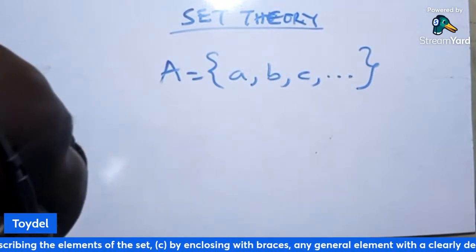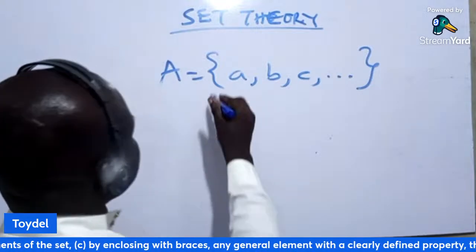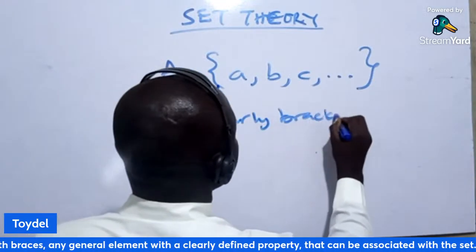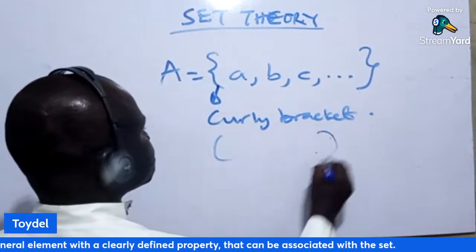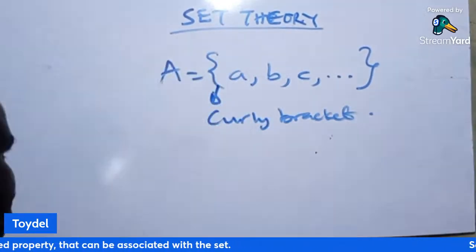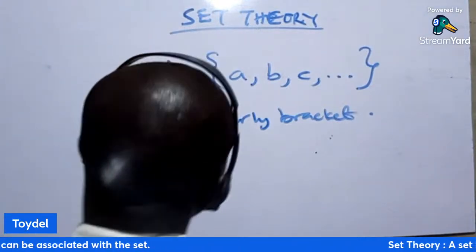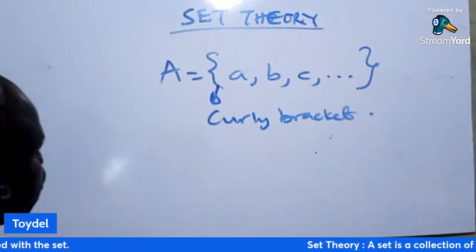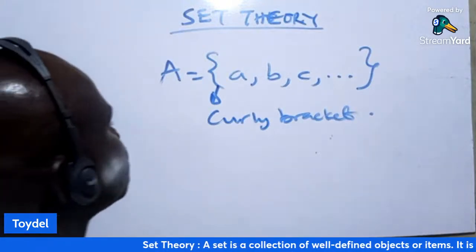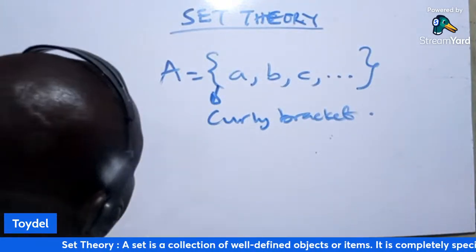Not only that, we use curly brackets to represent a set. It's different from ordinary brackets. So all this must be clearly stated if you want to give a definition or represent a particular piece of information in terms of set theory.